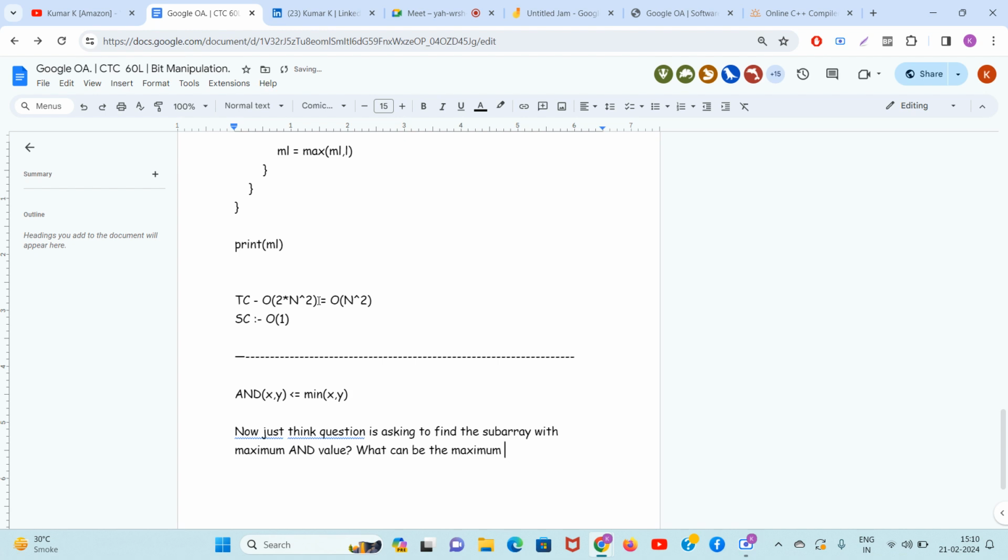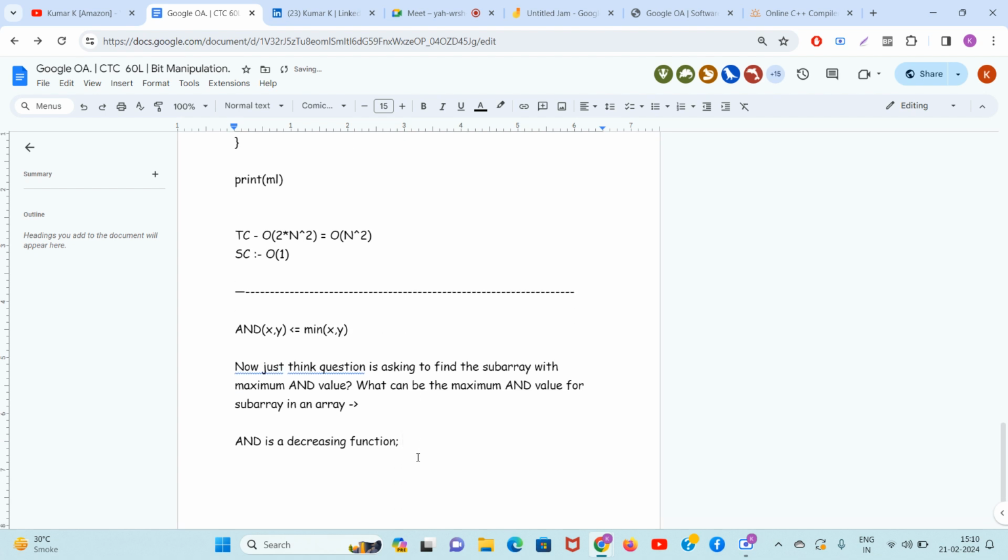Don't even need to run two for loops. What can be the maximum AND value for a subarray in an array? Guys, AND is a decreasing function. Hence, if you combine more and more numbers, your AND will keep on reducing.